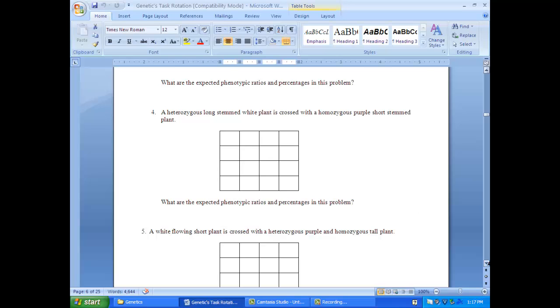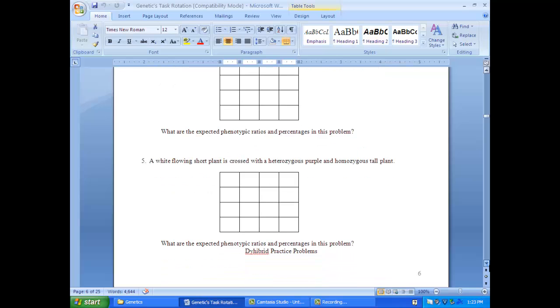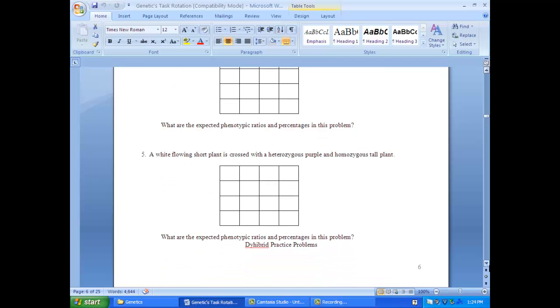It says a white flowing short plant. That was kind of confusing. Oh, flowering. I forgot to put the R in. Little typo. So a white flowering short plant is crossed with a heterozygous purple and homozygous tall plant. White flowering. White's recessive, correct? So therefore it's going to be little p. Short plant.